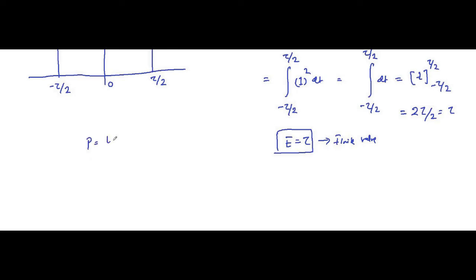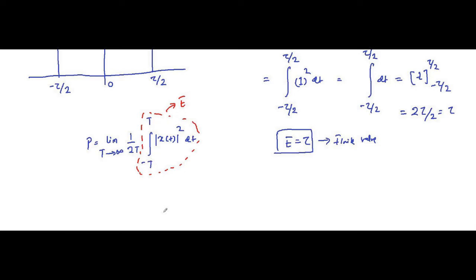Power is equal to limit T tends to infinity of 1 by 2T times the integral from minus T to T of x(t) squared dt. Again, as I have said in all the previous questions related to this, this portion of the expression of power is equal to the energy of the signal, because here the limit we have taken is T tends to infinity.